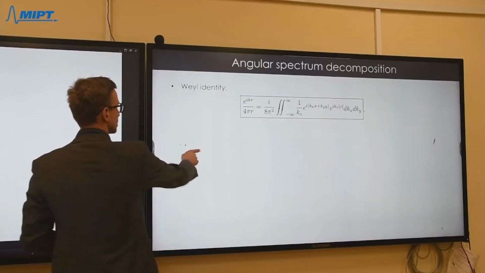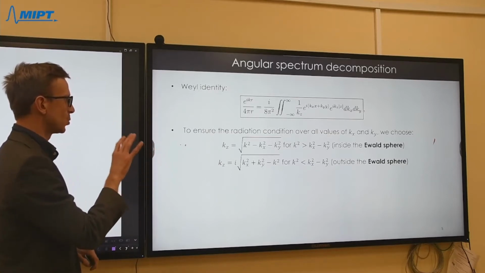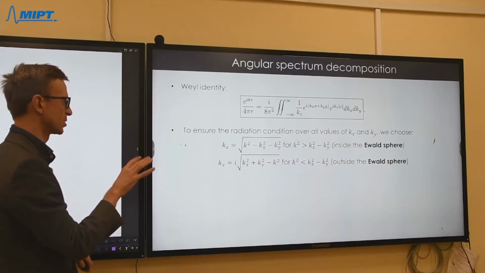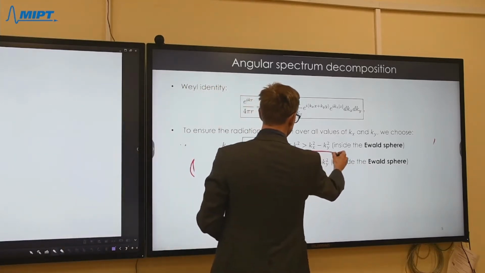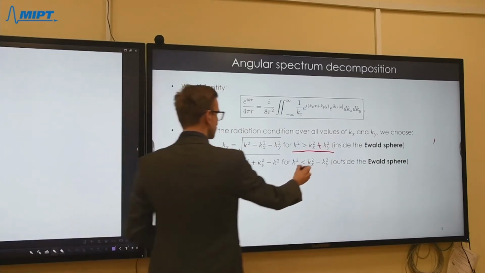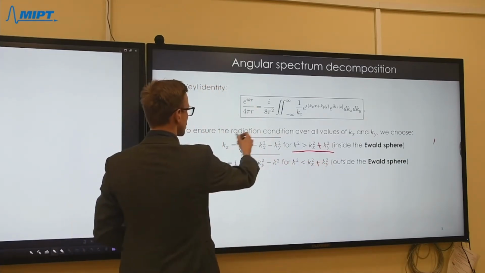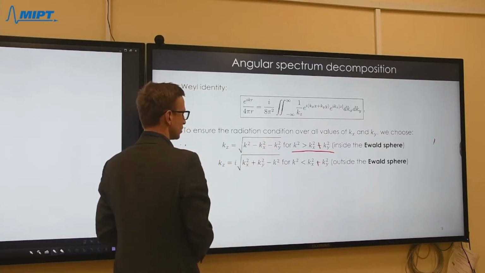Okay, so let's write Weyl identity one more time. And here is the rule that determines which Riemann sheets of the square root function we need to choose. When k squared exceeds kx squared plus ky squared, we take the square root with a plus sign, the usual definition of the square root.